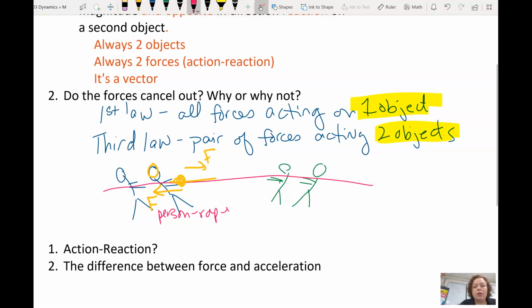Okay. All right, look at how I changed those words around. So the rope on the person, person on the rope.